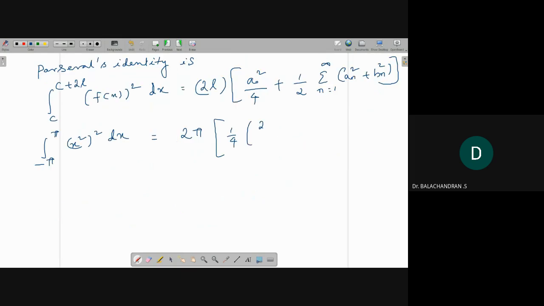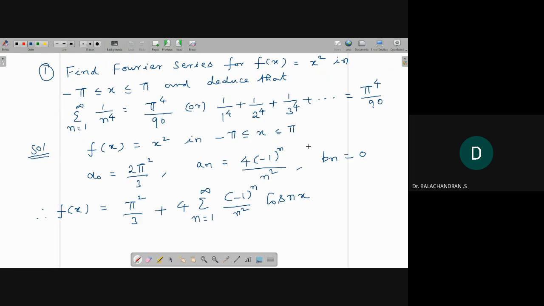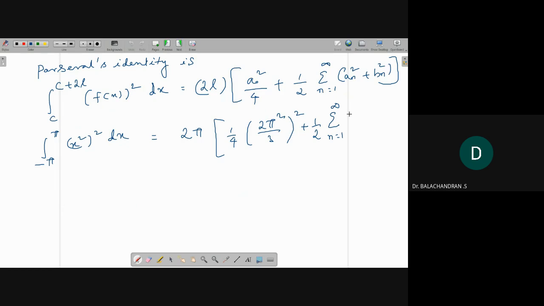So 2 pi square by 3 whole square, plus 1 by 2 summation n equal to 1 to infinity of an square. What is an? 4 into minus 1 whole power n by n square, so 4 into minus 1 whole power n by n square, whole square.